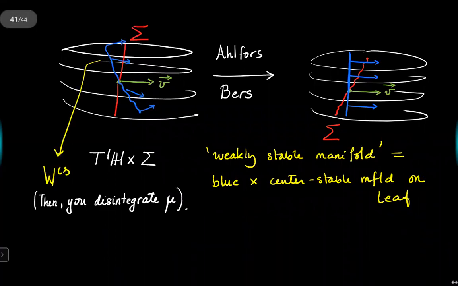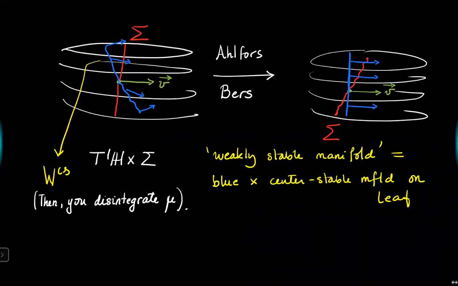Then you take this back with the continuous change of coordinates, and the picture on the left is homeomorphic to the picture on the right. So you will get some weakly stable manifold on the left-hand side of the picture, and you will have a weakly stable foliation.